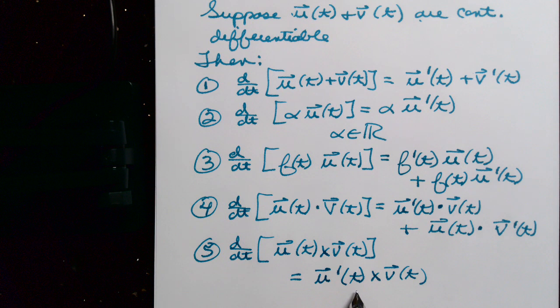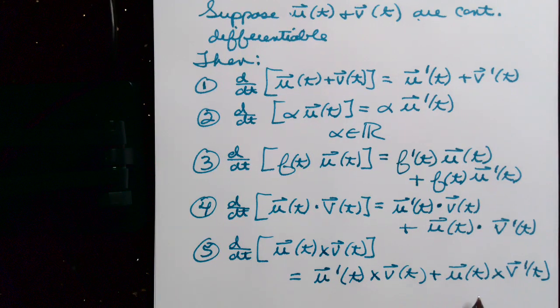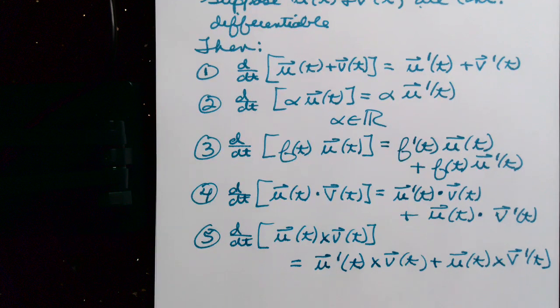You take the derivative of the first cross the second, plus the first cross the derivative of the second. But unlike above, where it doesn't matter which order you write this in, since the cross product is not commutative, it very much matters that you write it exactly in this order.